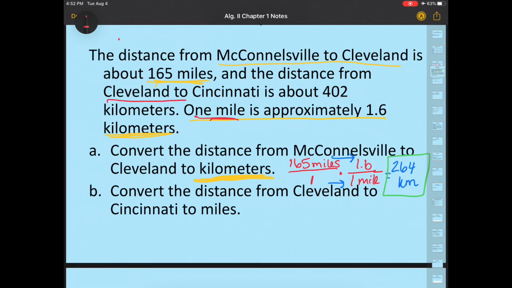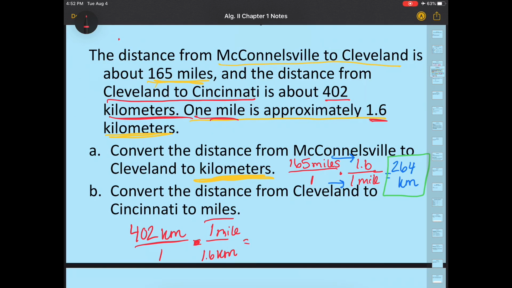Part B wants us to convert the distance from Cleveland to Cincinnati. We want it in miles, but we're given kilometers. So they gave us 402 kilometers, and we're trying to get to miles. So again, we need to eliminate kilometers. From our given information, there's 1.6 kilometers in 1 mile.